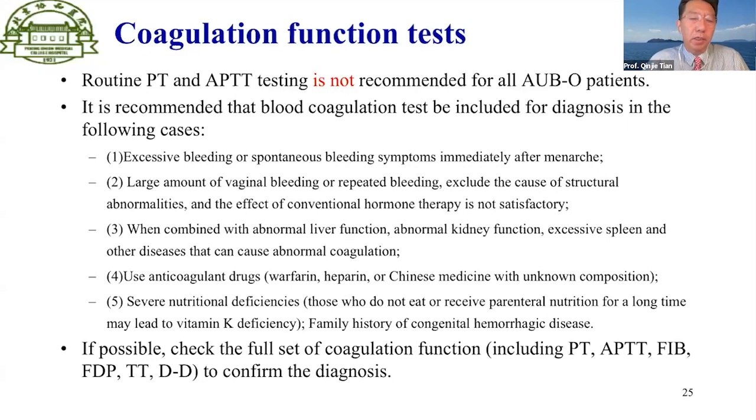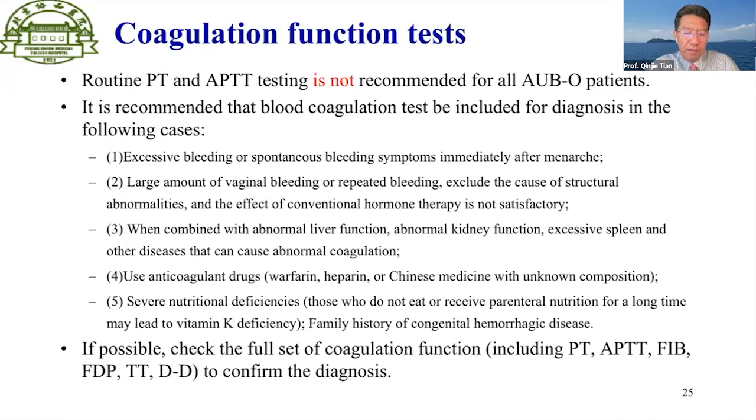Third, concurrent abnormalities in liver function, kidney function, or spleen enlargement, which can lead to coagulation abnormalities. Fourth, receiving anticoagulant medications such as warfarin, heparin, or Chinese medicines with unknown composition. Fifth, suffering from severe nutritional deficiency, as prolonged lack of oral intake or reliance on parenteral nutrition can result in vitamin K deficiency.